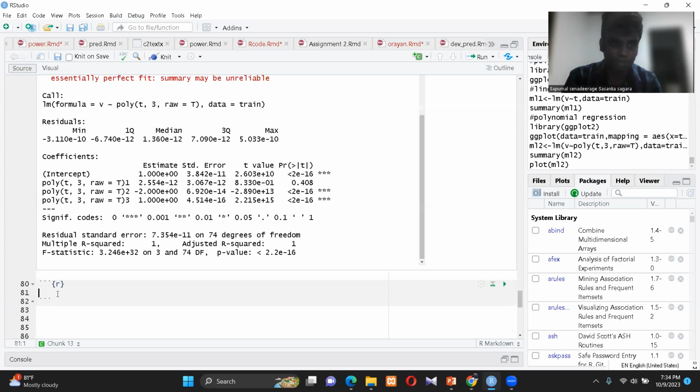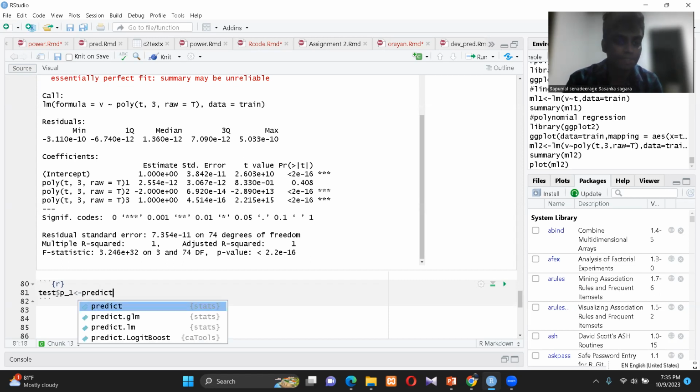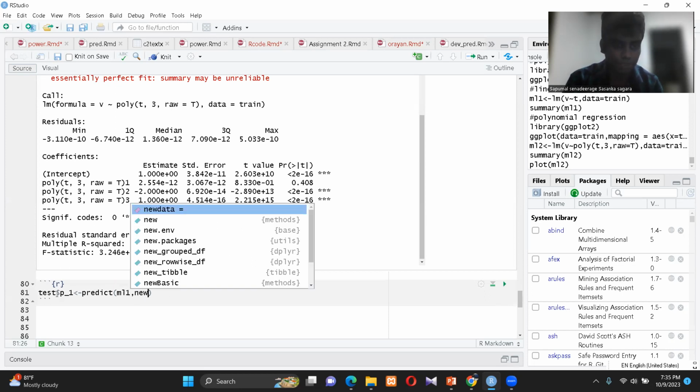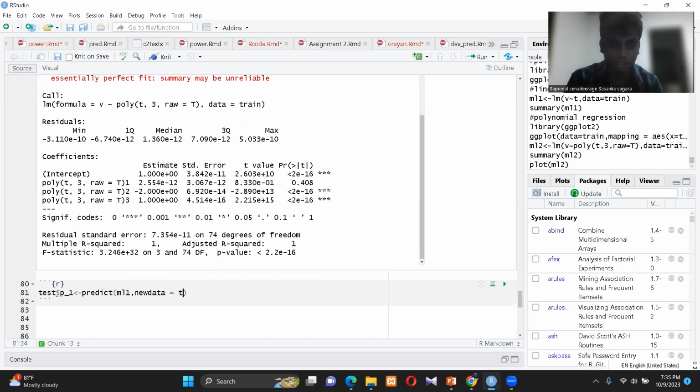In order to compare them, let's predict based on the test set. Let's call it P1: predict, where the model is ML1, the first model, and the new data equals test, test dollar p underscore true.